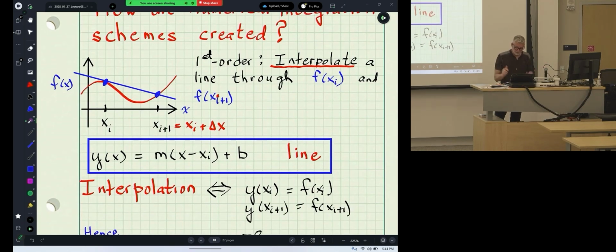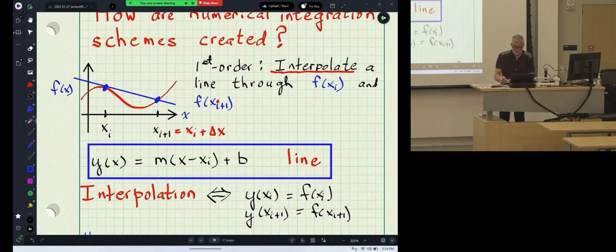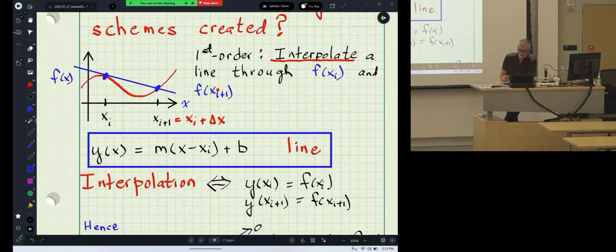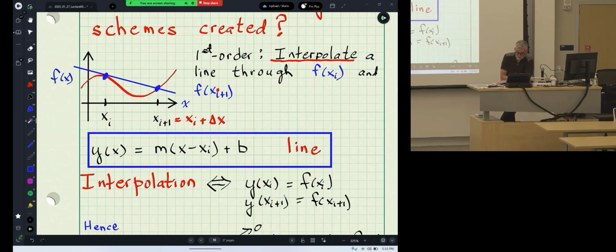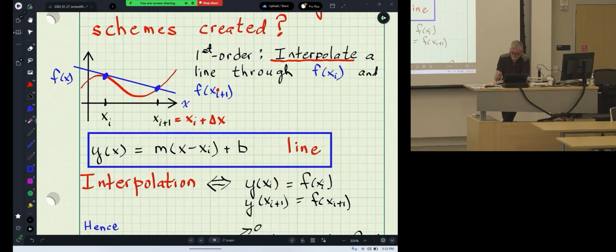You propose the order of the function you want to interpolate through your data. And so here's a first order scheme. Interpolate a line through f of xi and f of xi plus 1. And here's a nice convenient formula for a line.